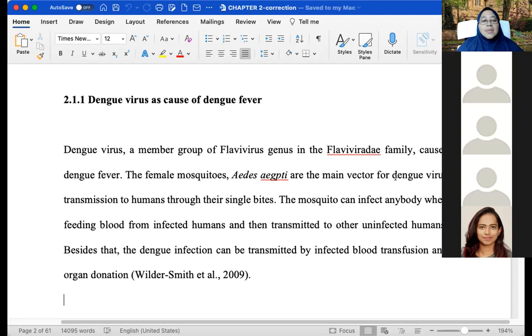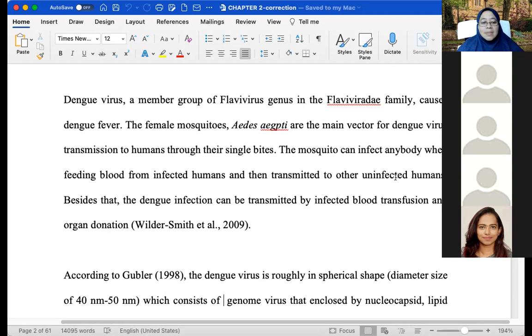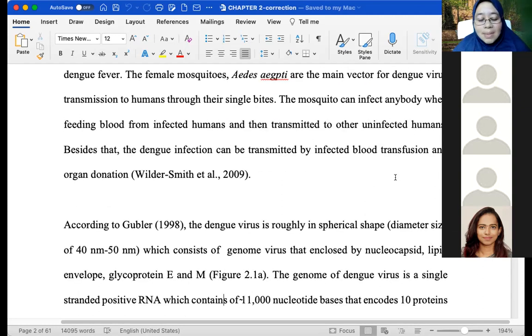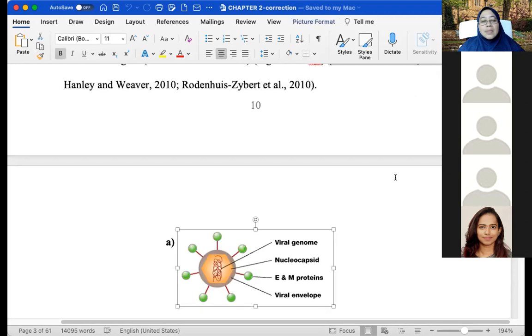So this is information about the dengue virus. Why? Because this information is important: in the end, he will be detecting the DNA of the virus. That's why this has to be in the thesis, talking about the genome, the molecular part of the virus.